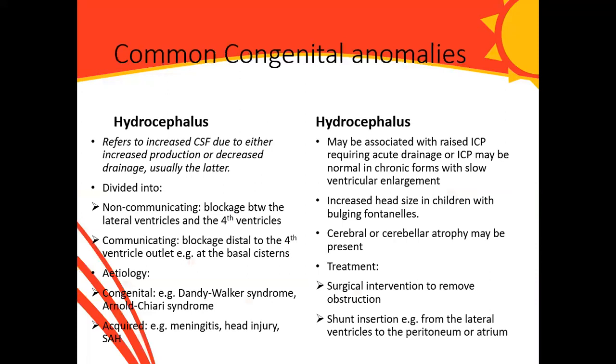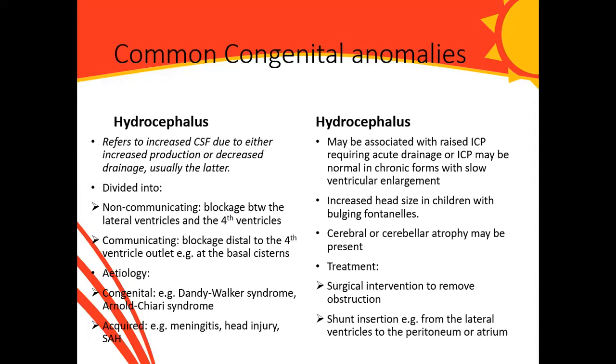Like I mentioned, we're going to run over an overview of the common congenital abnormalities that we see. We're not going into too much detail on the pathophysiology and all that. As anesthetists, it's important for us to have a good grasp of some of these common congenital abnormalities. So the first one we're looking at is hydrocephalus.